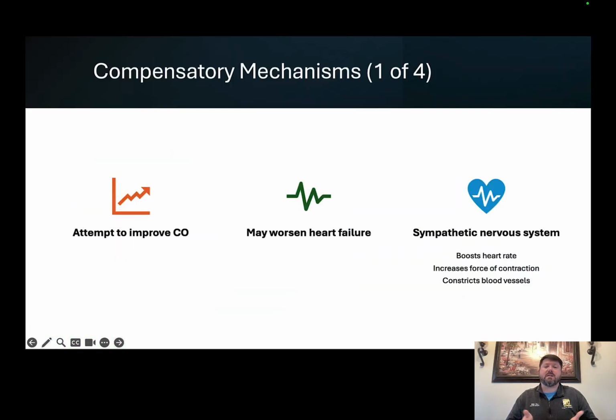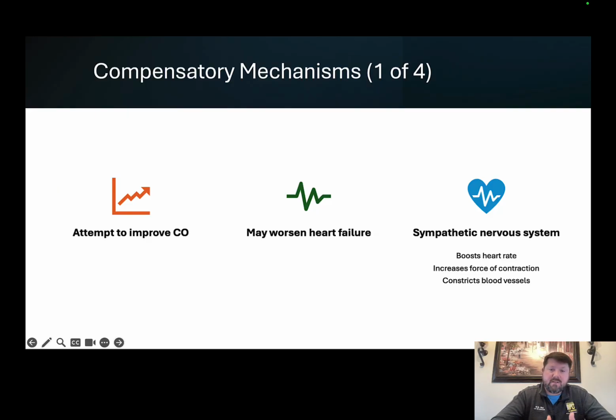So what does the body do? In an attempt to improve cardiac output, it has compensatory mechanisms by manipulating preload, afterload, cardiac contractility, or heart rate. Ultimately, the compensatory mechanisms may worsen heart failure because they kick in the sympathetic nervous system, which you should know by now.